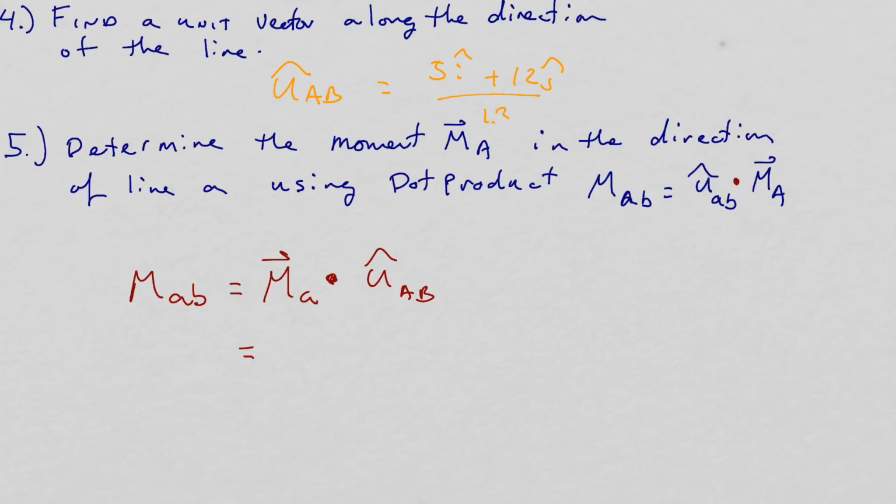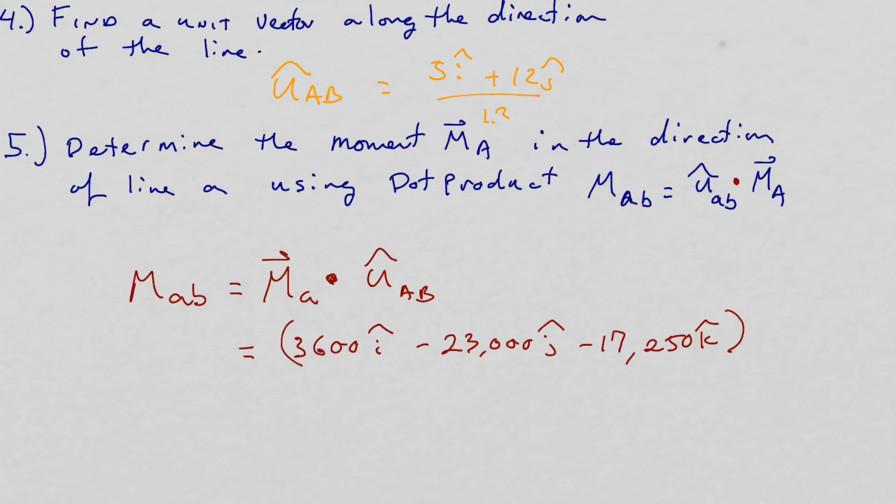Our moment was 3600 I hat minus 23,000 J hat minus 17,250 K hat, dotted with our unit vector.